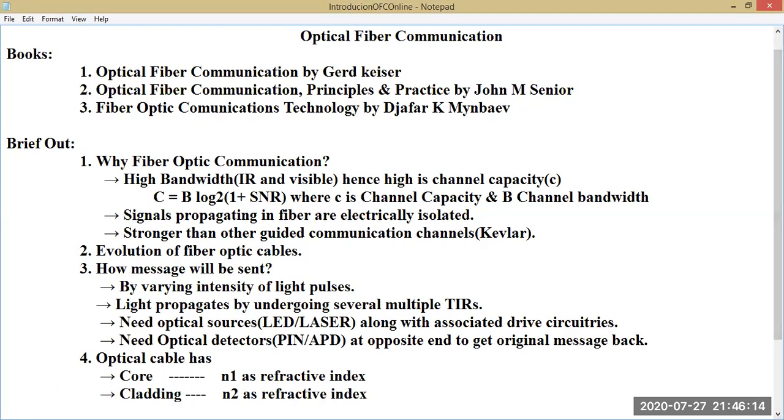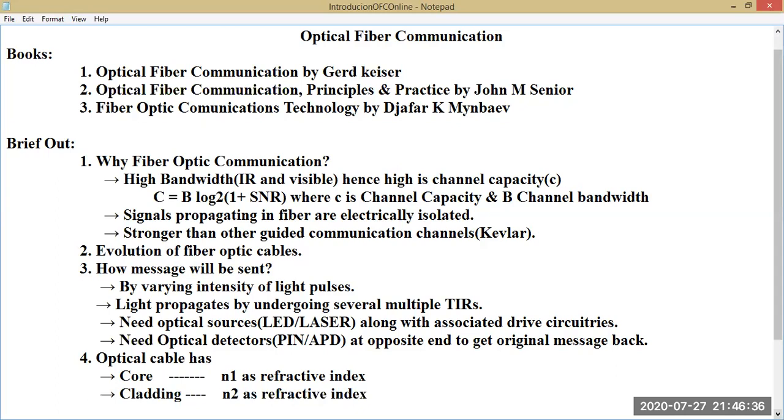In some books it is also given as 10 power 11 hertz to 10 power 13 hertz. Remember that the bandwidth of this optical fiber cable will always be expressed in the powers of tens only. Because of this high bandwidth, the channel capacity of this optical fiber cable is very high.